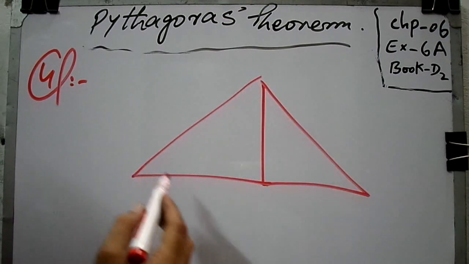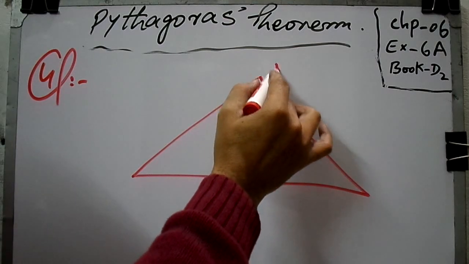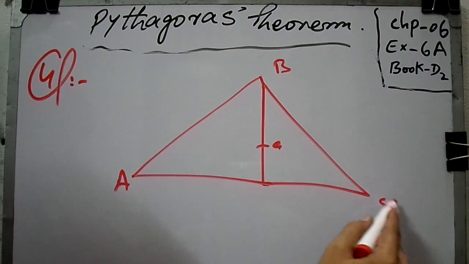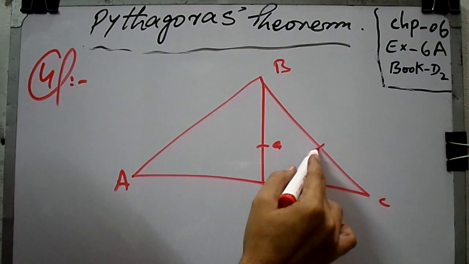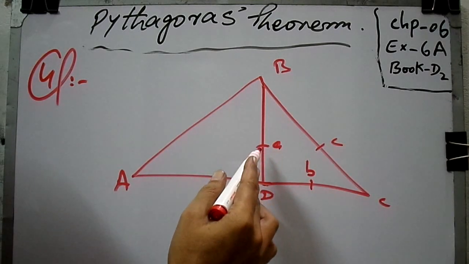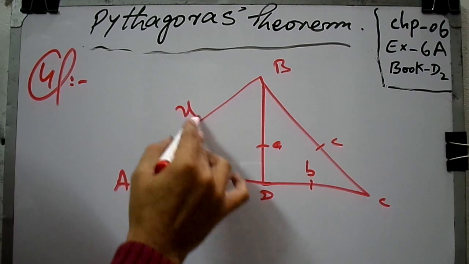Similarly, this is altitude A, that is B, for example, and C, that is D. This portion is your base, this portion is your hypotenuse C, that is your altitude A, that is 12, and that is X.